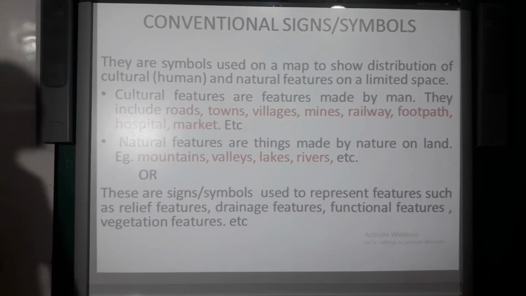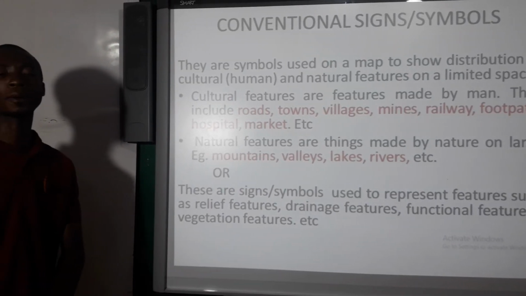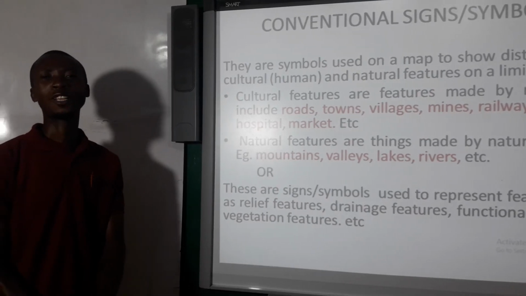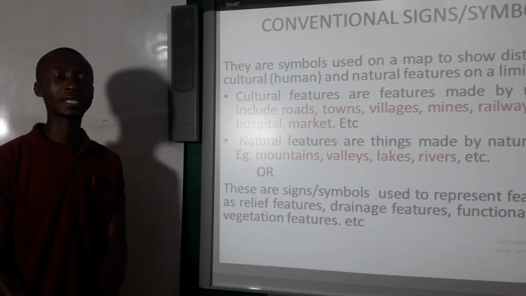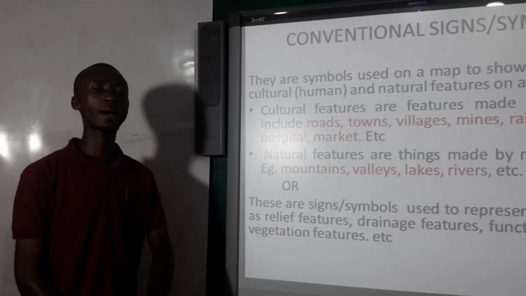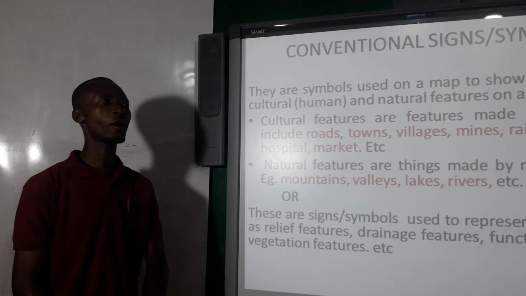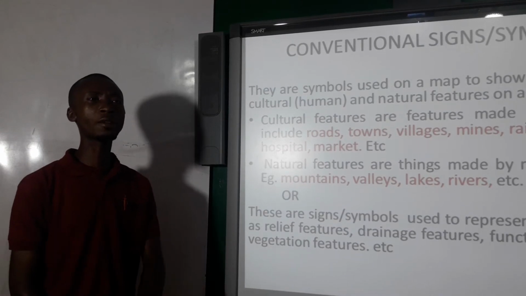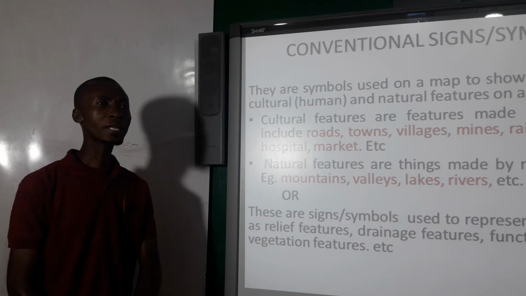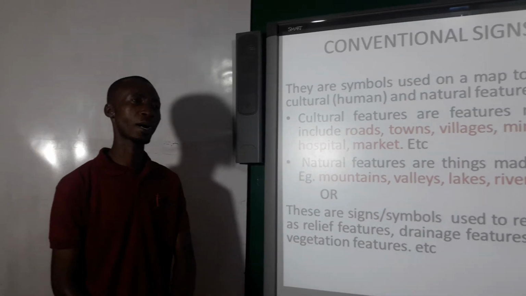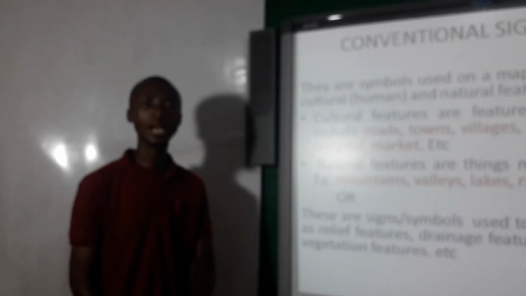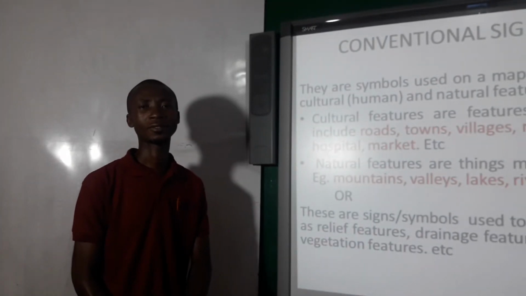As you know, a map is a representation of a part of the earth or the whole earth on a piece of paper or on a wall or any flat object. You can represent the whole earth on a piece of paper or on a wall by using conventional signs or symbols.